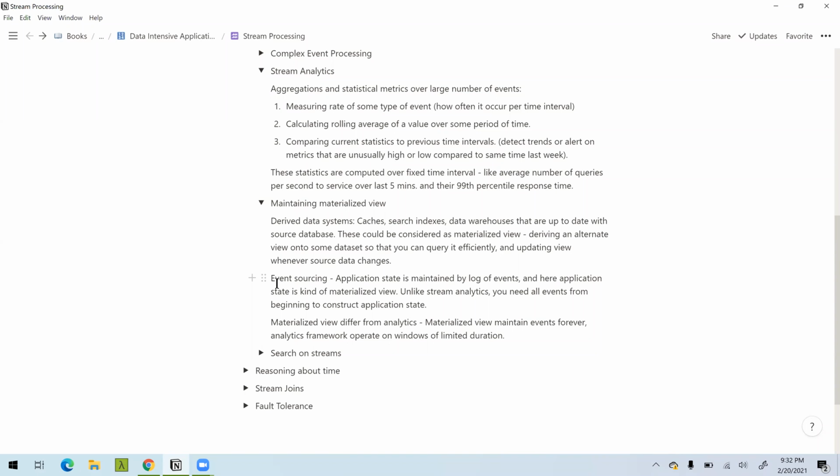So whenever you need to retrieve your application state, you need all the logs back in time.